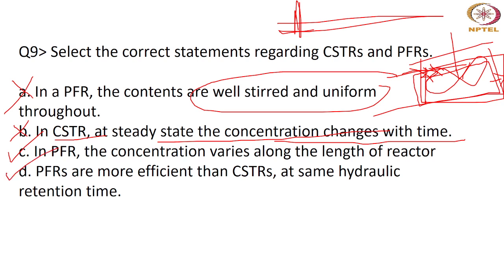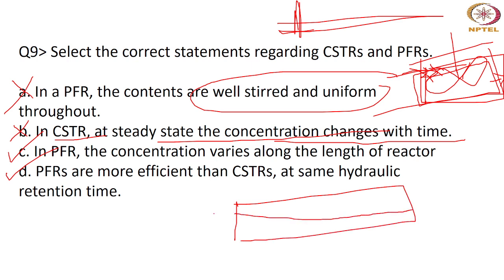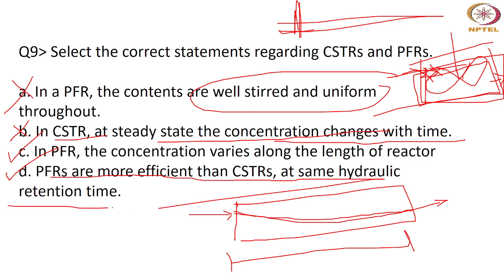In PFR, the concentration varies along the length of the reactor, obviously. So it will vary something like that. When it was entering, it was higher. When it was going out, the effluent is lower. So it varies with the length of the plug flow reactor. Then PFR is more efficient than CSTR at the same hydraulic retention time because of the concentration gradient. Here the concentration gradient is very small because after coming here only it gets mixed.